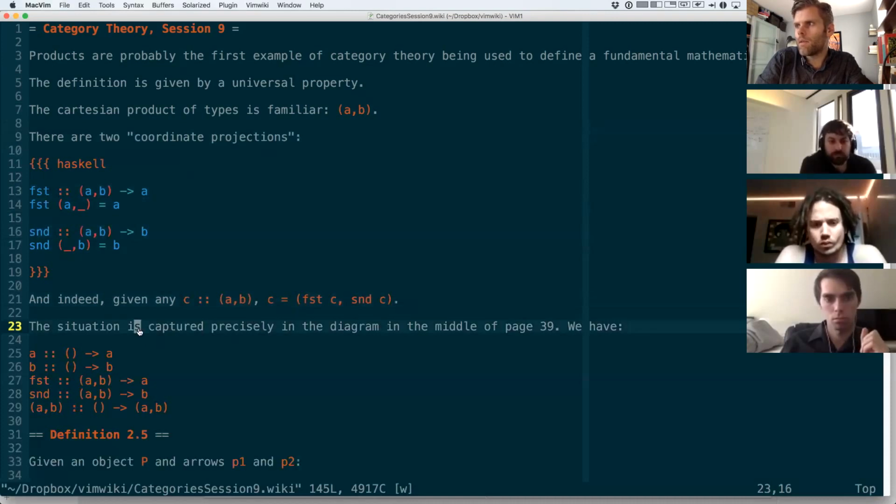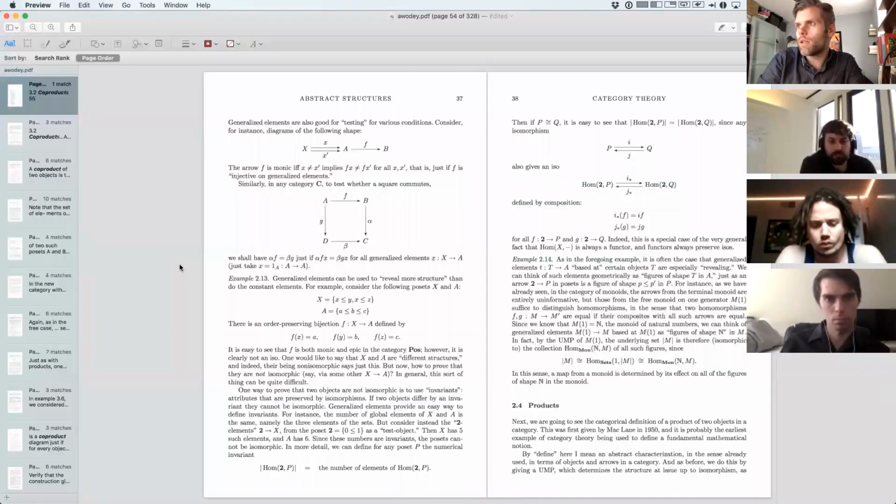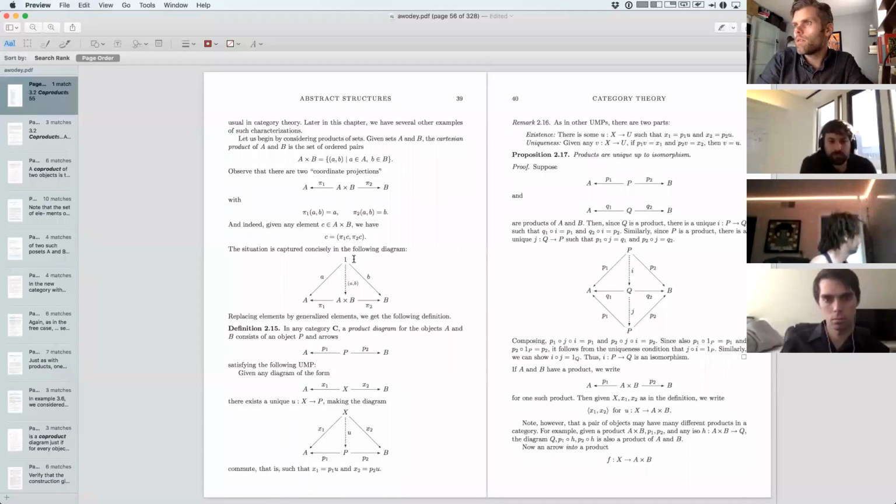The diagram in the middle of page 39 captures this notion precisely. So we have an A, which is an arrow from unit to A. If we can construct an A and we can construct a B, then there's some unique way in which we can construct an (A, B), right?